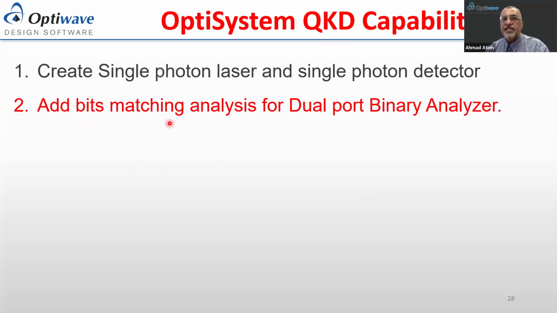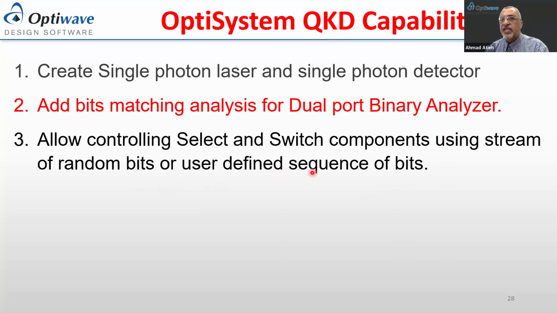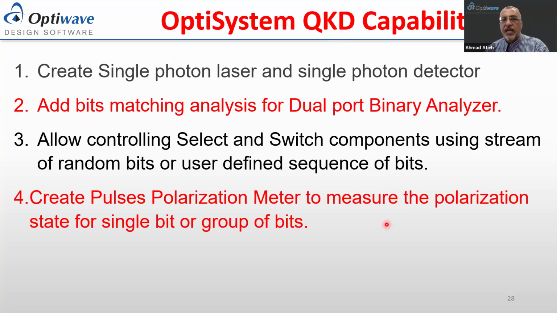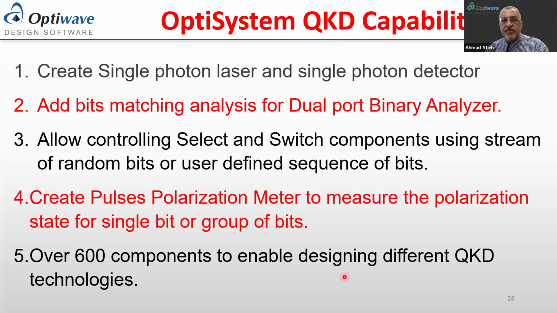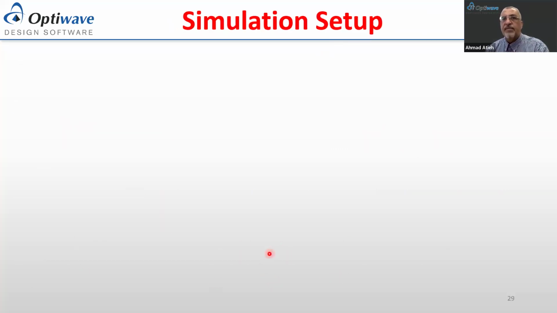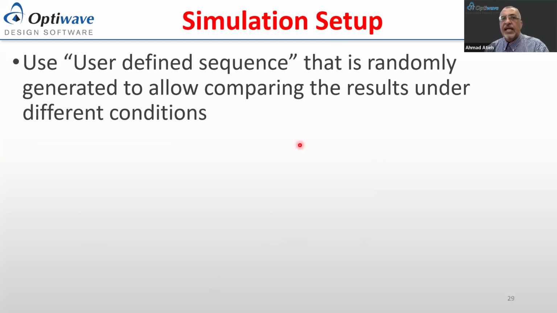You can add bits matching analysis in the dual binary analyzer, allowing controlling selected switch. So this is a summary of these different components in OptiSystem. And this is the pulses polarization meter, and this is the component. Okay, as I mentioned to you here, this is the simulation setup.